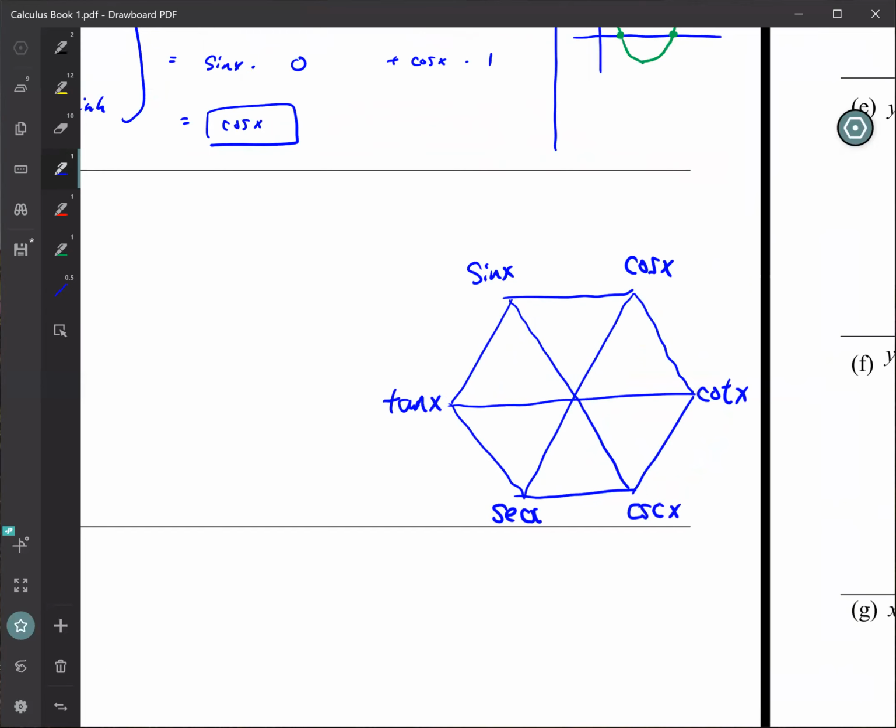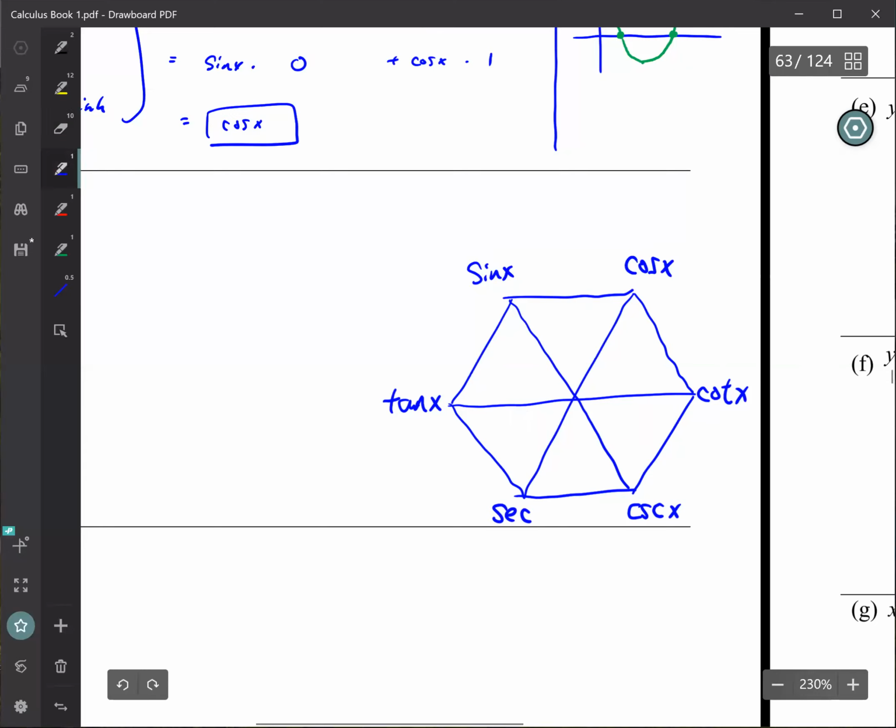Right now, up to here is what we used before. You don't need to draw this part, okay? Don't draw this. This is review. That was for the square identities: sine squared plus cosine squared equals 1, tangent squared plus 1 equals secant squared. Now we are modifying this for the derivative.